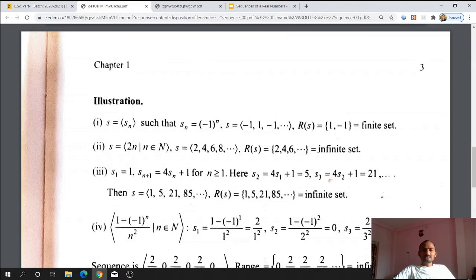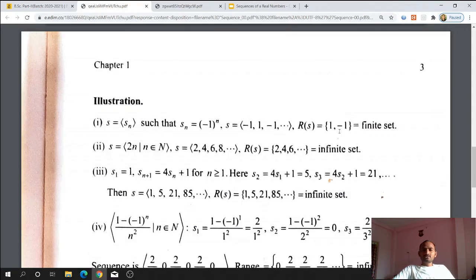R of S is a set, so repetition of elements cannot occur in it. So there are only two elements in R of S, because this is a set and repetition does not come in a set. So this is a two element set, and it is finite.